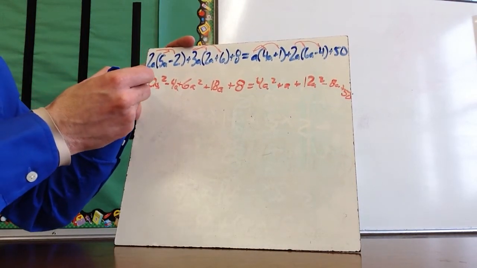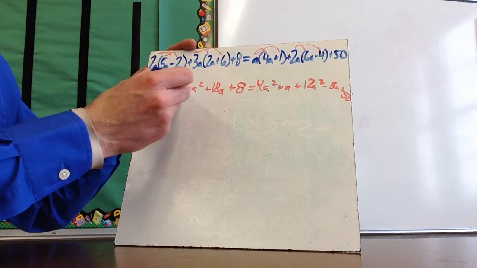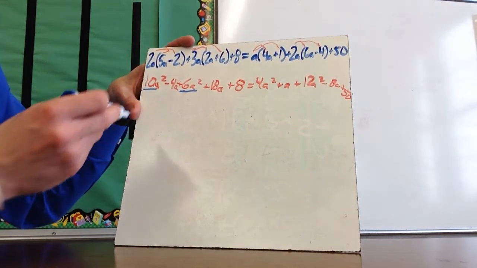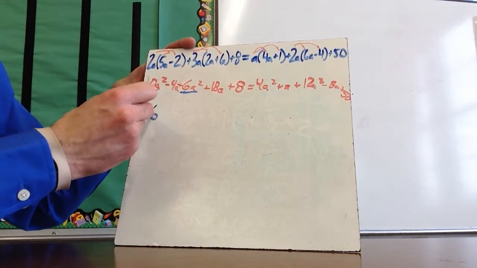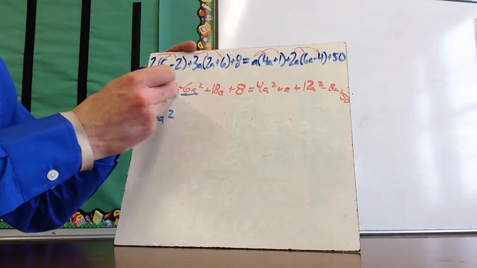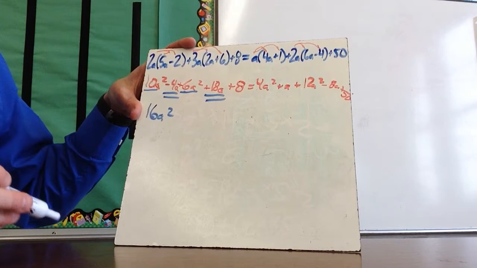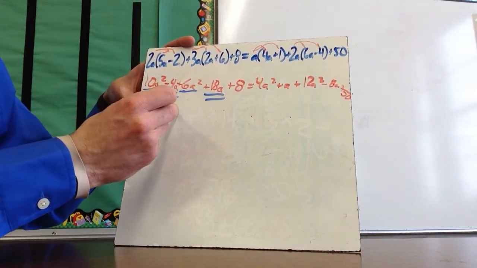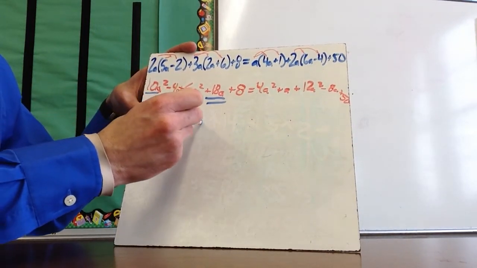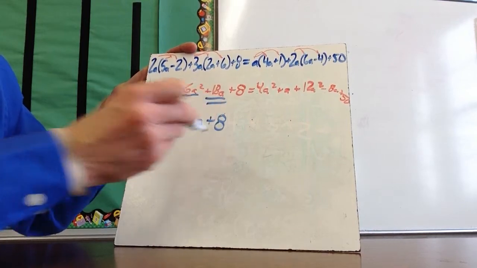So I'm starting with the a squareds. I've got 10a squared plus 6a squared, which is 16a squared. Then I've got negative 4a, positive 18a. This is plus 14a. And then the plus 8 is still there.